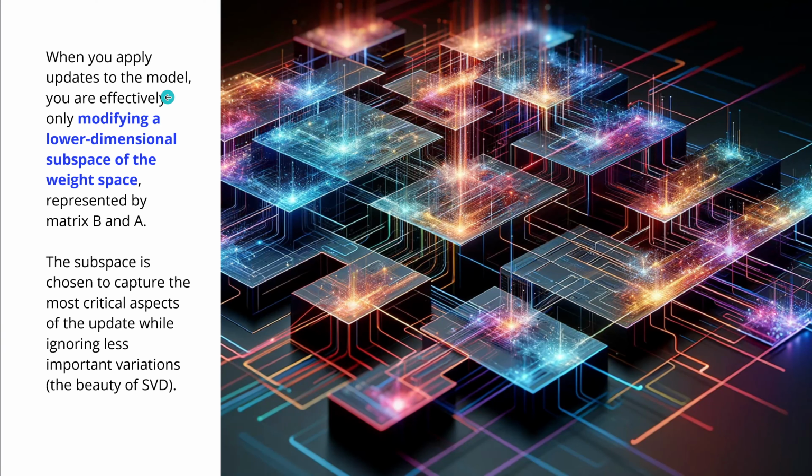So when you apply updates to the model, you are efficiently only modifying a lower dimensional subspace of the complete weight tensor space, now represented by the matrix B and the matrix A. And of course, since we have this beauty of the singular value decomposition, the subspace is chosen in a particular way in the matrix factorization, so that it captures the most critical aspects of the update while ignoring less important variation.